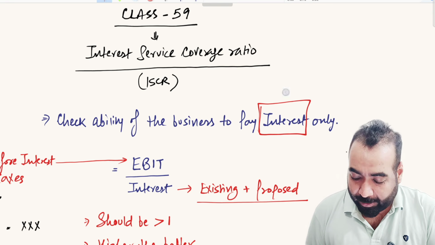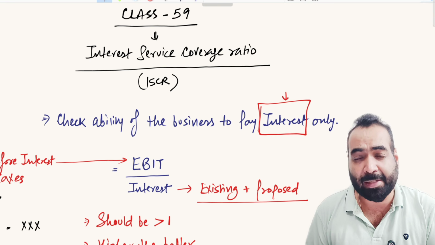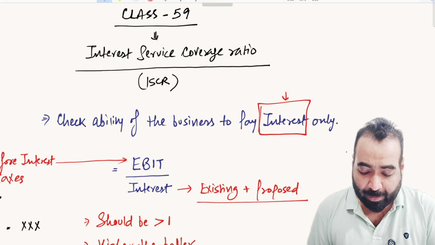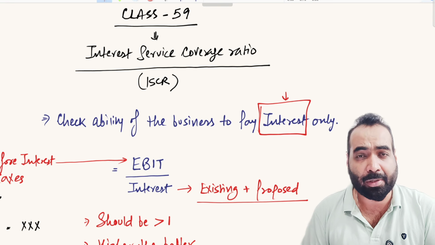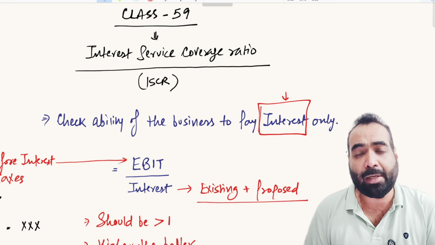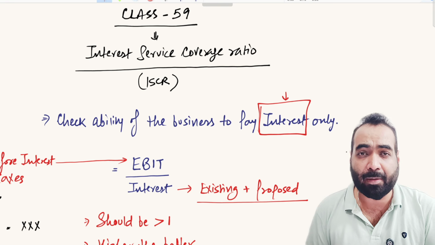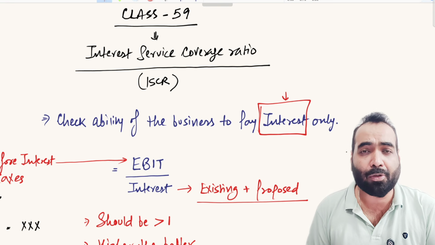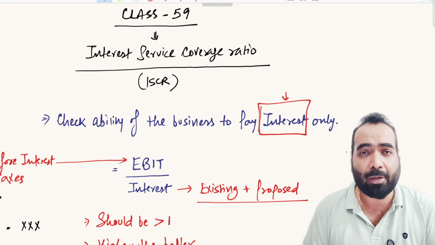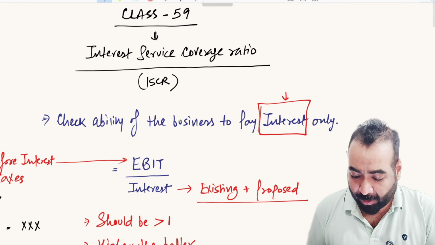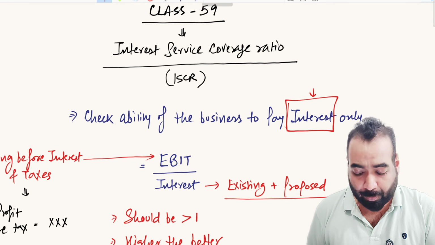Since there is no inclusion of principal obligations in this ratio, it is not likely to be used for term loan calculations. This ratio is mostly used for working capital debts where the client is only paying the interest obligation and is not repaying the principal amount monthly or at any frequency. So it calculates only the interest obligation.